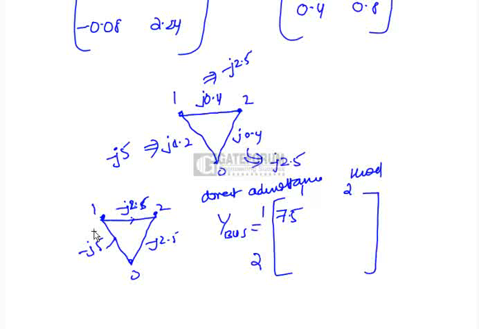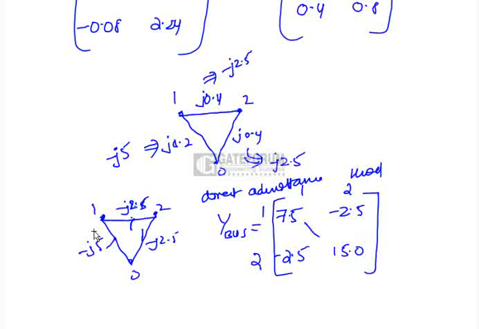Similarly, what is the admittance between nodes 1 and 2? It is minus 2.5 between 2 and 1. Now the value for node 2: it is connected to J2.5 and this minus J2.5, so this is plus 5.0.